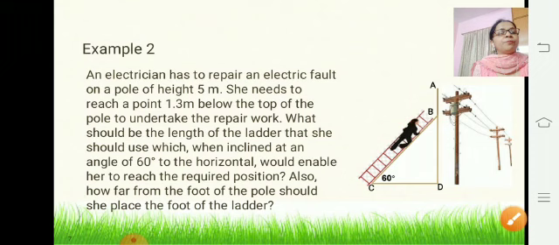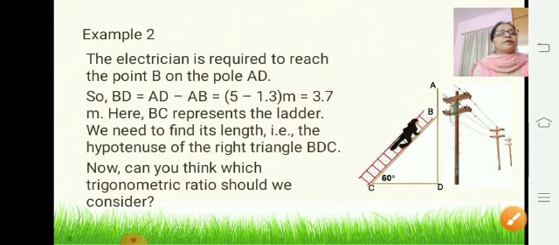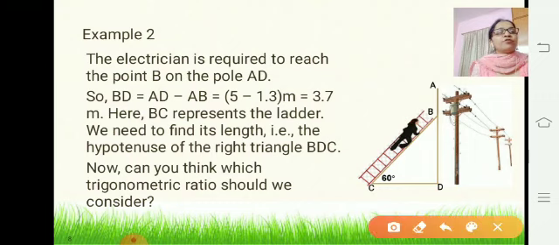So how do we proceed with this sum? We have got the length of BD as 5 minus 1.3 because this was 1.3 meters below the top of the pole. So your BD is 3.7 meters. Here the BC is representing the ladder, which is also the hypotenuse of triangle BDC.